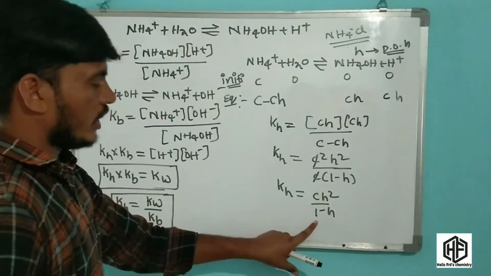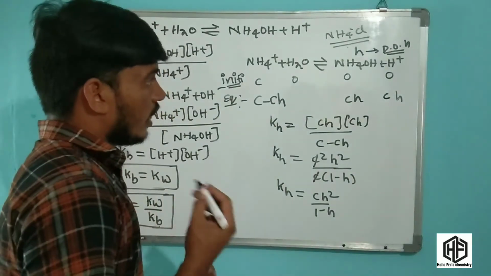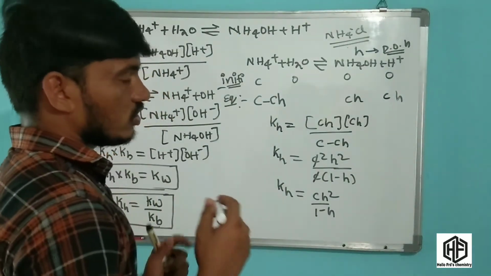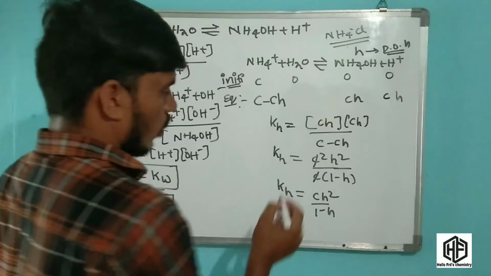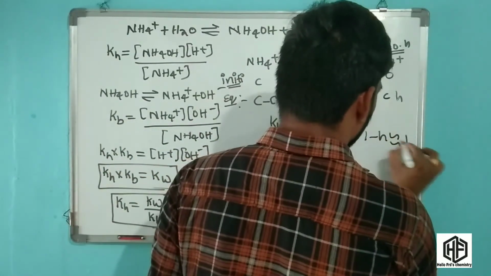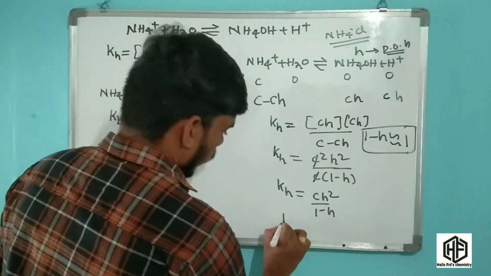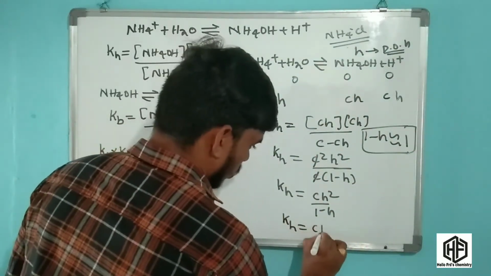Friends, one more point: 1 minus h in the degree of hydrolysis is similar to the degree of dissociation. Now 1 minus h is nearly equal to 1. Now KH is equal to Ch square.